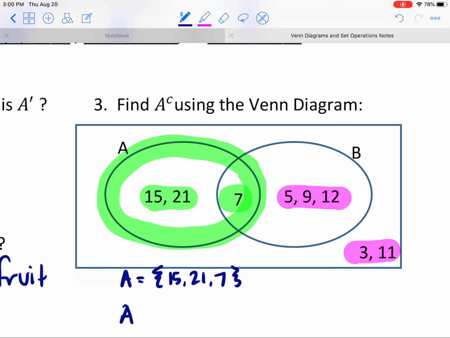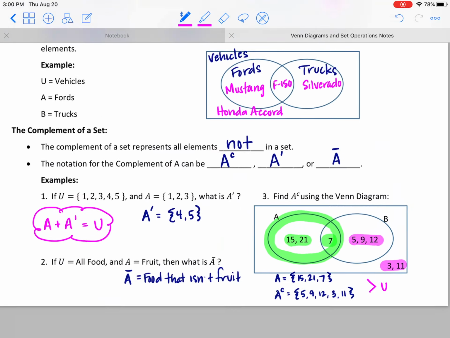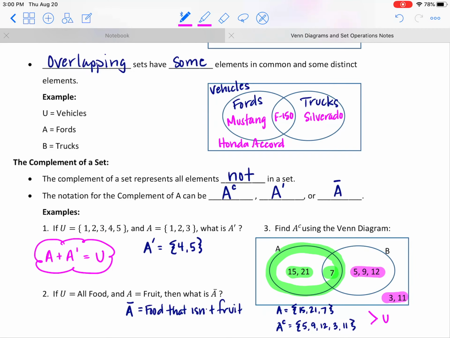And the complement of A contains the rest, everything that's not in A: the 5, 9, 12, 3, and 11. And then again, together, that's the universal set. Everything together. So you got A and then what's not in A as its complement. Alright, hopefully that's coming together for you.